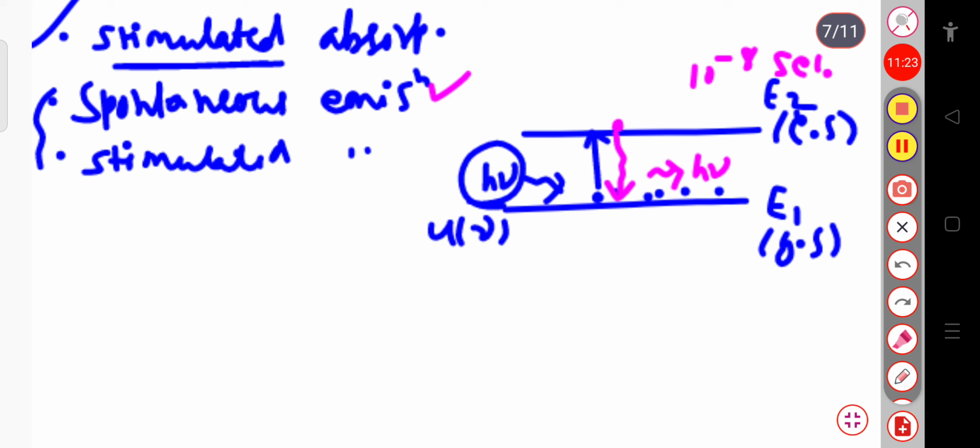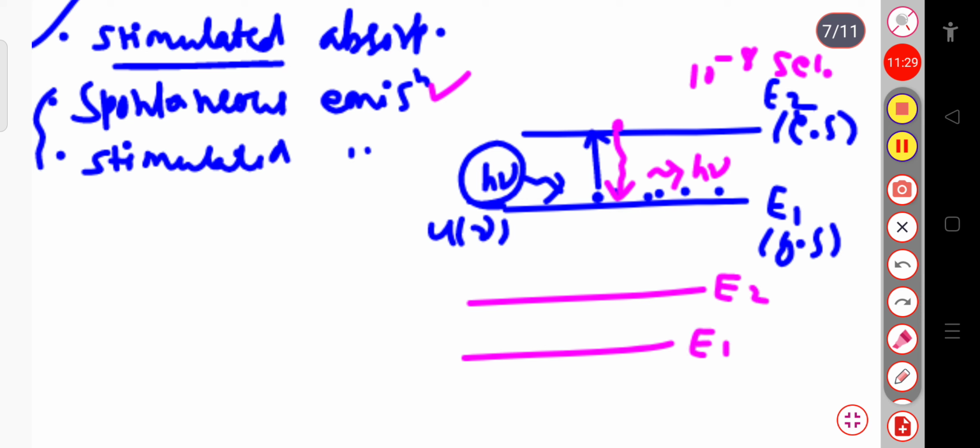And there is another process. This is suppose the E2 state and this one the E1 state. After absorbing energy h nu, the atom is in the E2 state, and the lifetime is again 10 power minus 8 second.